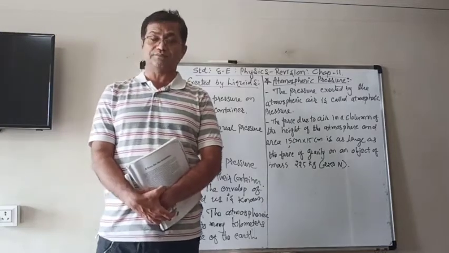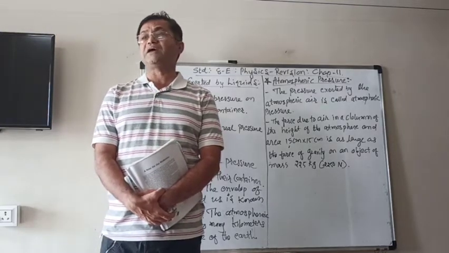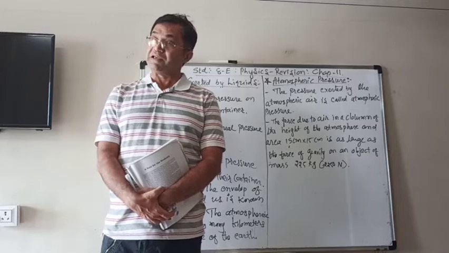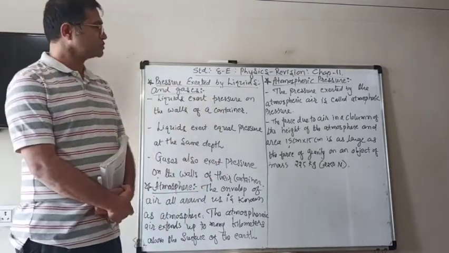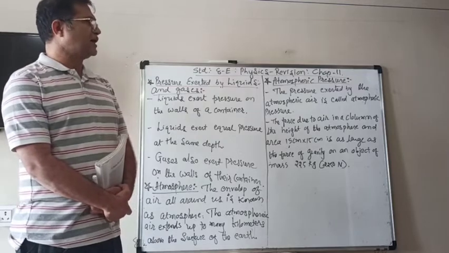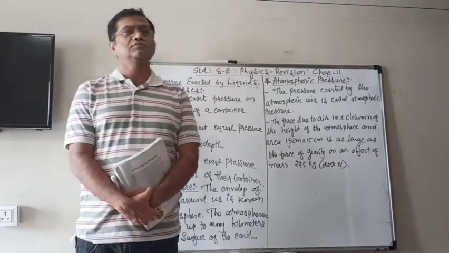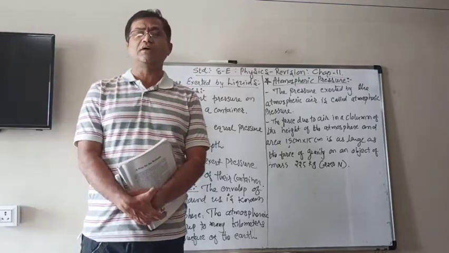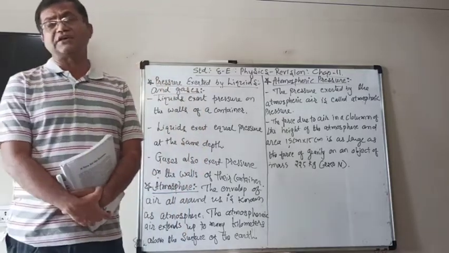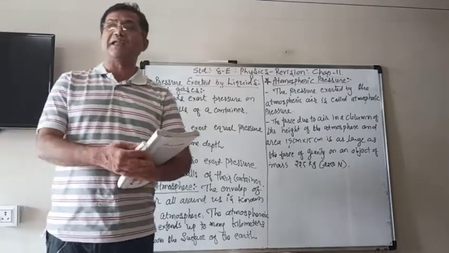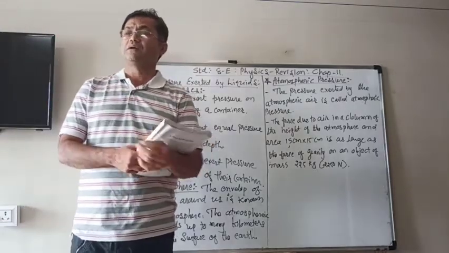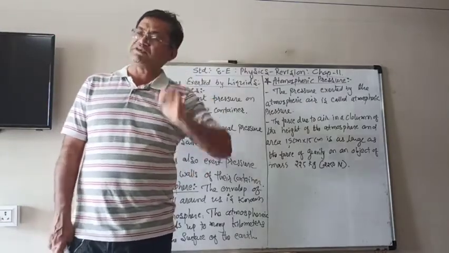We also learned that larger the area, lesser the effect of the force. So if the area on which the force is applied is bigger, then the effect of the pressure is less. And area less, then the effect of the force in pressure will be more.